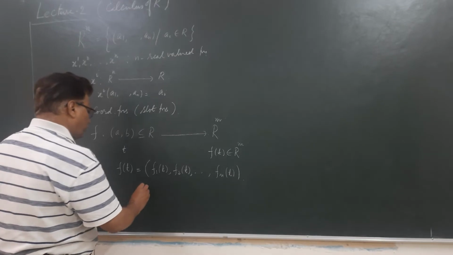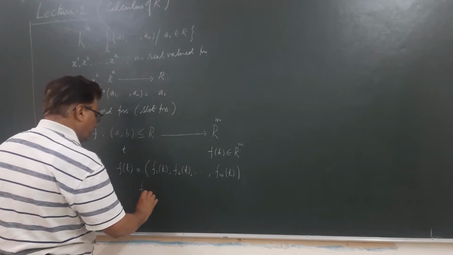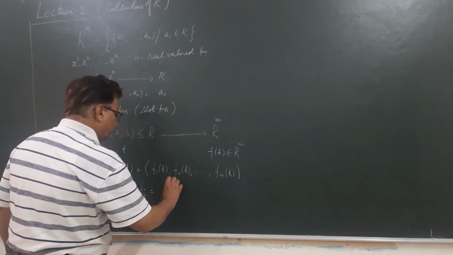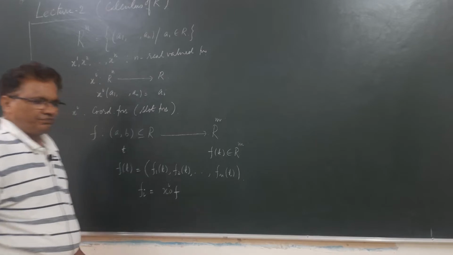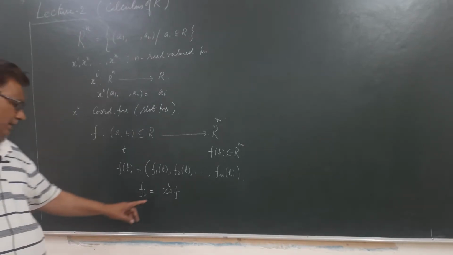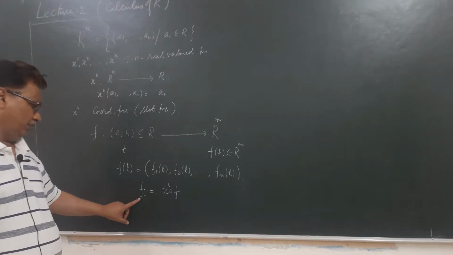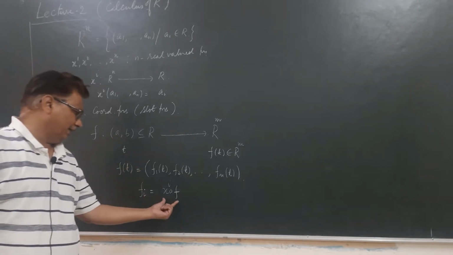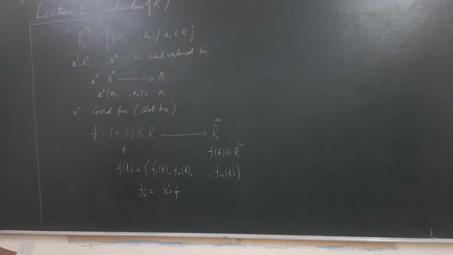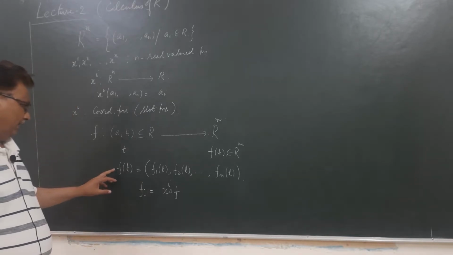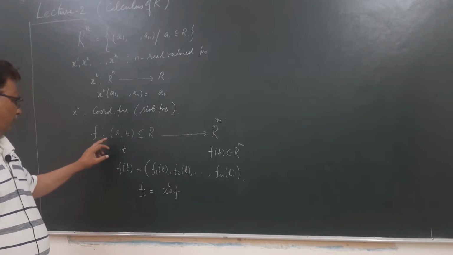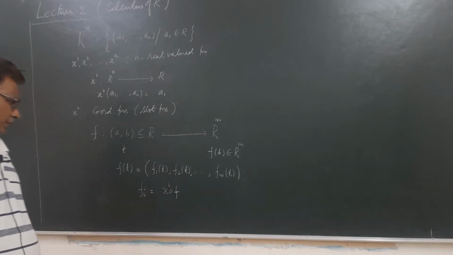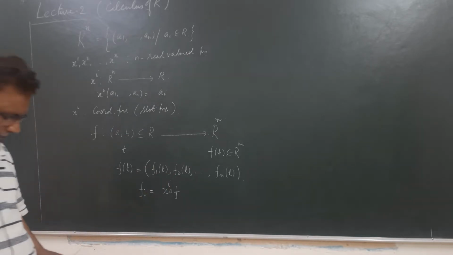For example, fi is nothing but xi composed with f. If you compose f with the slot function xi, you get a real valued function on the interval (a, b). So every function from an interval or from R into Rm has these m components. This is to be kept in mind.